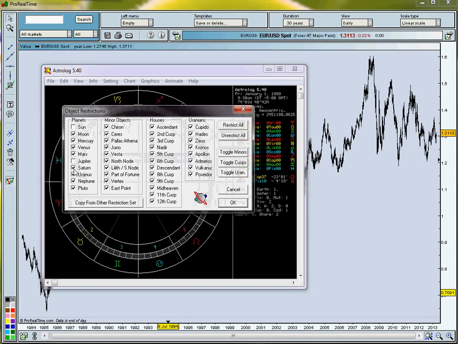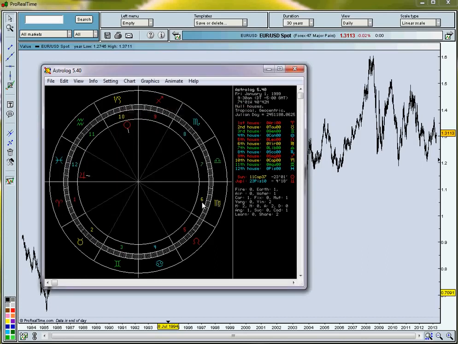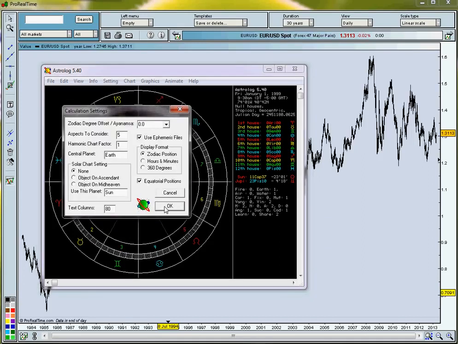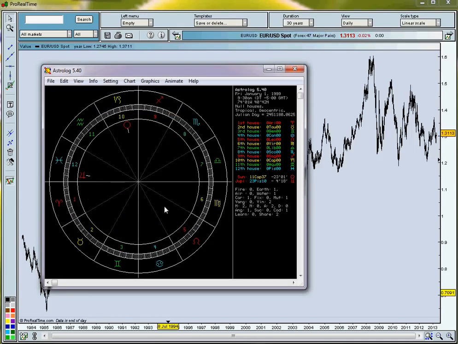The restrictions, as you can see, I just have Jupiter and the Sun for right now, because those are the planets I'm going to use as an example. And of course I have the calculation settings for the equatorial positions. The chart's set for 9:30 a.m., which is fine, because we don't need any specific time of day. We're just interested in this particular instance in the date, which is January 1st, 1999.